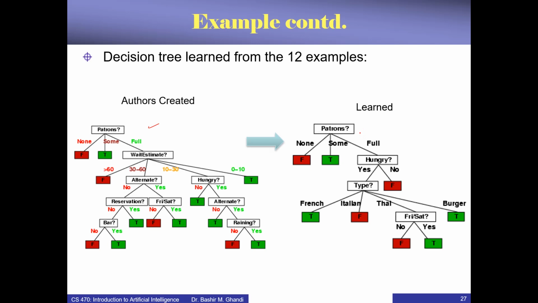You can see this tree is much shorter in terms of height, and given any input, we can decide using very few steps whether the customer is going to wait or is going to leave. And this is basically how to apply the algorithm to construct a decision tree.